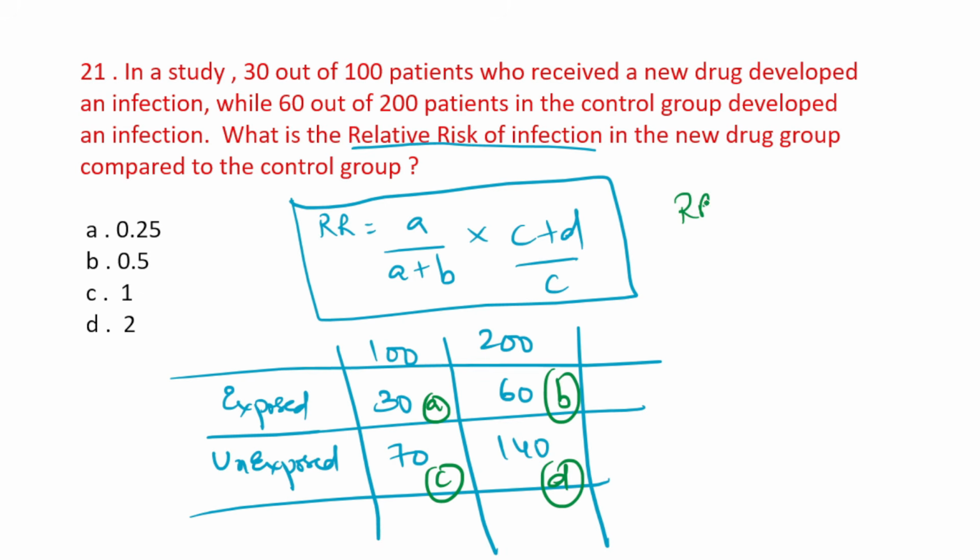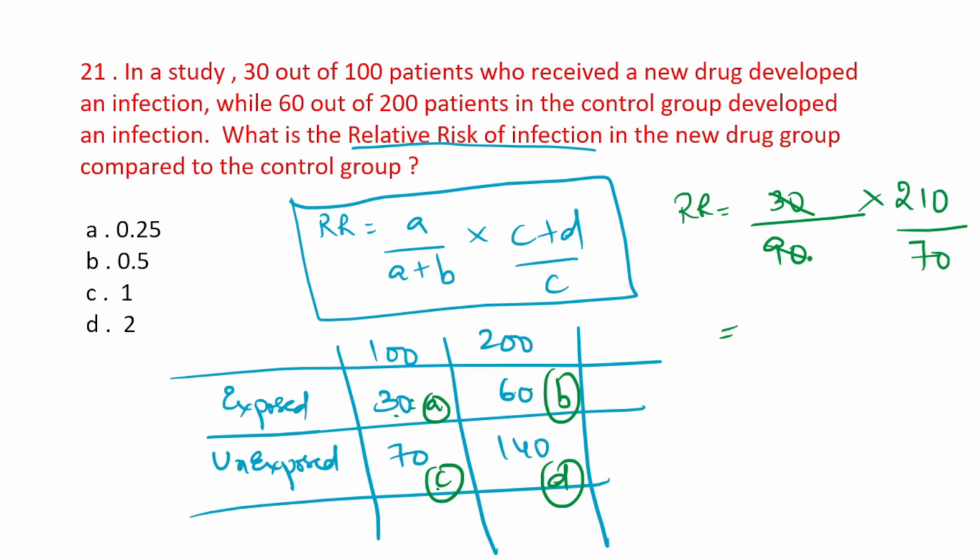Relative risk is equal to A, that is 30, by A plus B, 30 plus 60, which is 90, into C plus D. What is C? C is 70. 70 plus 140 is 210, by 70. Now you have to calculate this.